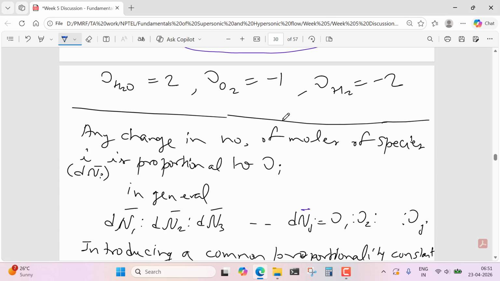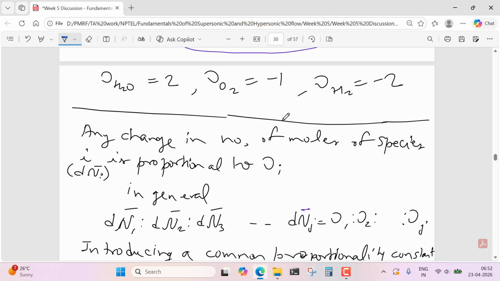So let's say there are any changes happening in the number of molecules, or let's say the number of moles of species i, which will be proportional to mu i. So let's say mu i is equal to 1, so the change will happen in proportion to 1.